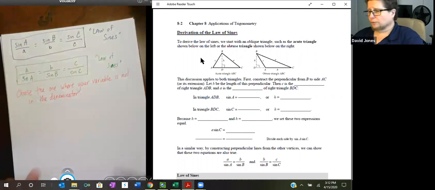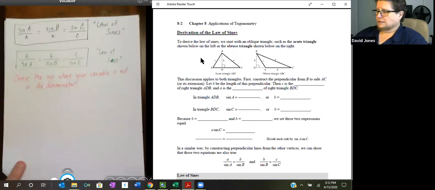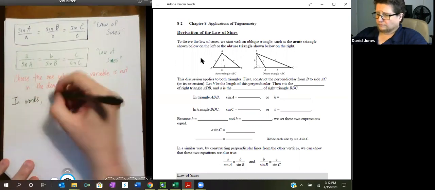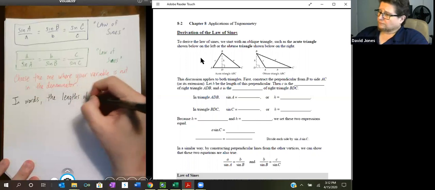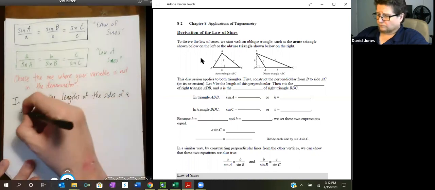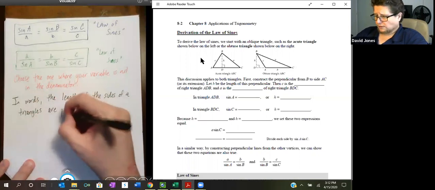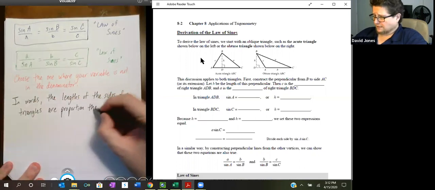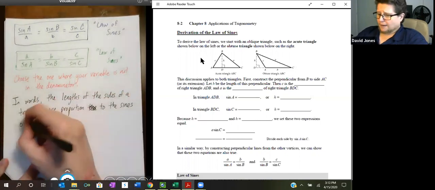And if we put this in normal words, the lengths of the sides of a triangle are proportional to the sines of their opposite angle.